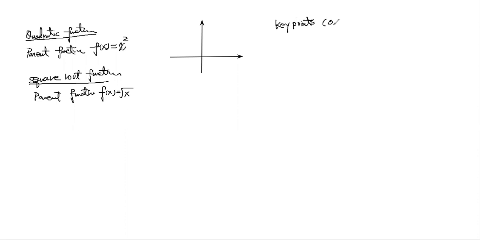The first one is 0, 0. That means when x equals 0, y equals 0. So it's this point. Then the next point is 1, 1. So when x equals 1, y equals 1, and 1, 1 is here. And we also have negative 1, 1. So it's this point.